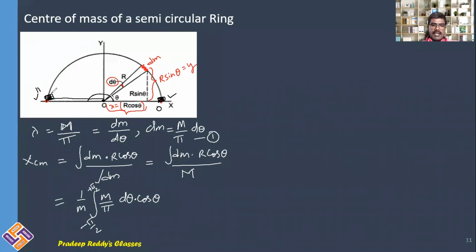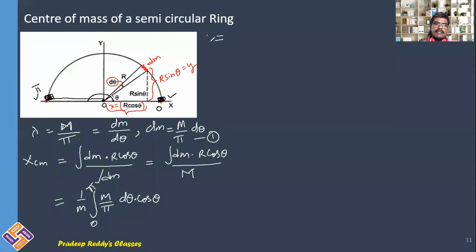I'm sorry. Along the x-axis, it is 0 to pi. Along the y-axis, it is minus pi by 2 to plus pi by 2. Along the x-axis, it is 0 to pi. Right? Now, you evaluate this integration.